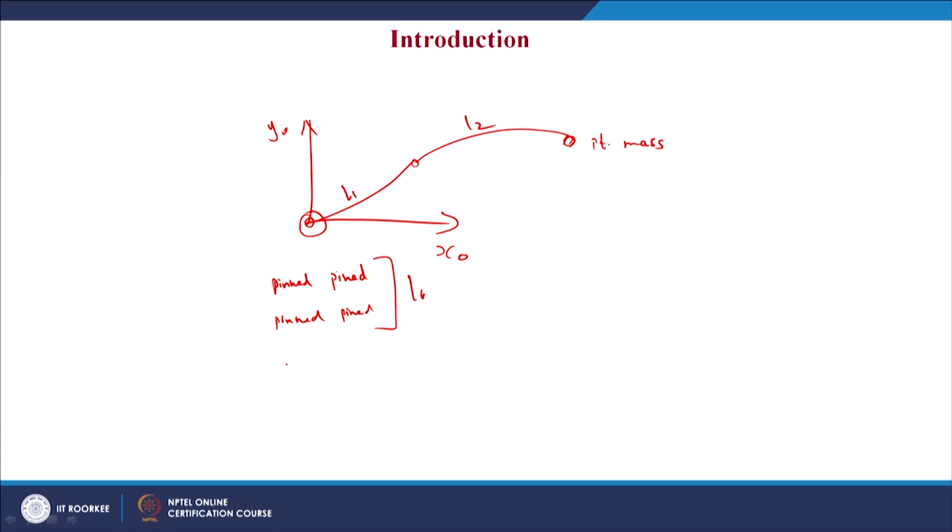For link 2 it is pinned, and then finally pinned-free, because here it is pinned, and here it is free, as this is a free end. So, this is for link 2.